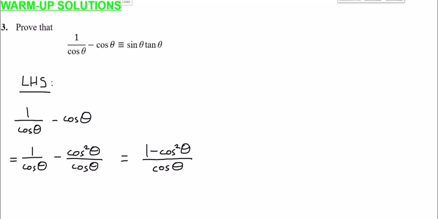However, what we need to do now is remind ourselves of an important trig identity from before. If we recall that sine squared plus cos squared equals 1, this can be rearranged. So the main identity is sine squared plus cos squared equals 1.